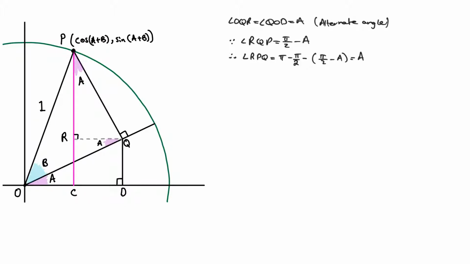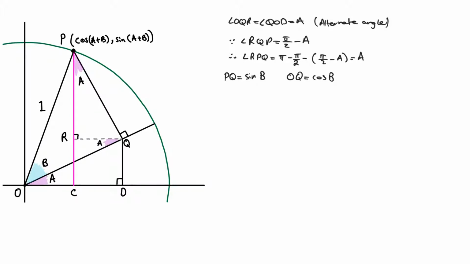Because of that, we can write down that PQ is equal to sine of B, and OQ is equal to cosine of B. The reason for that is PQ, which is opposite to B, over the hypotenuse is equal to sine B, so PQ is equal to sine B, and the adjacent side divided by 1 is equal to cos B, and that's what gives us that.